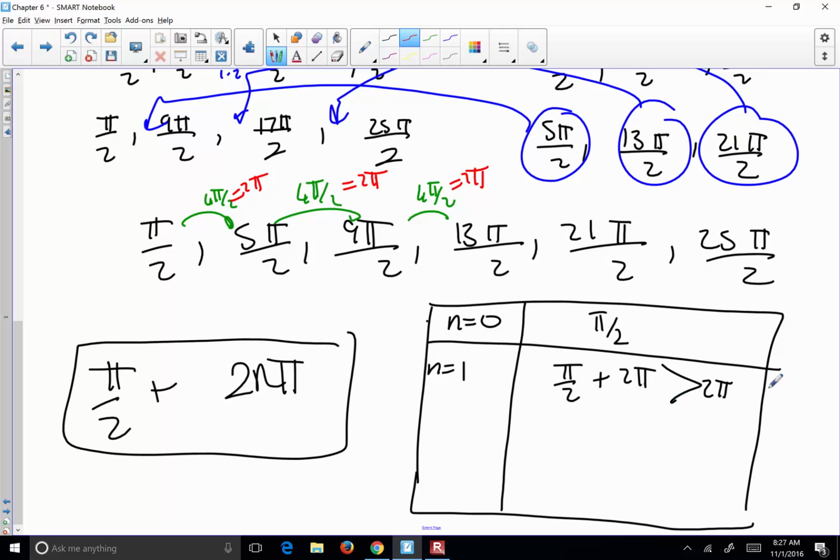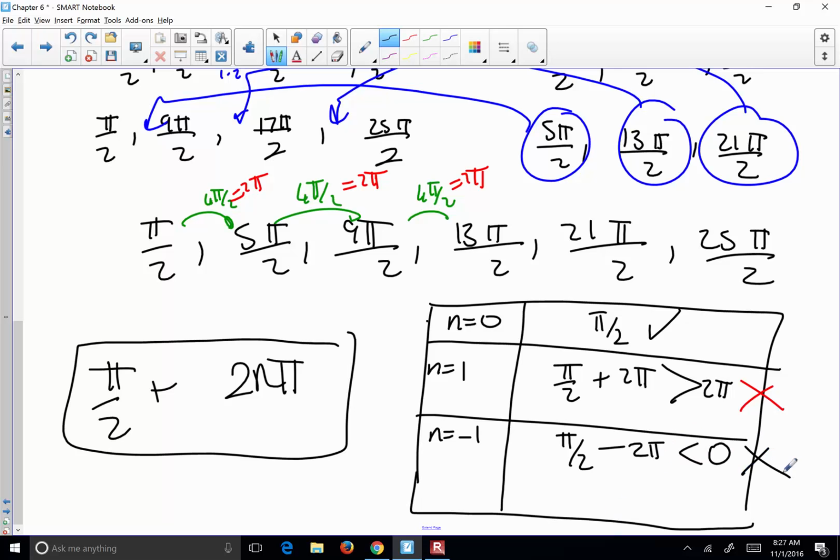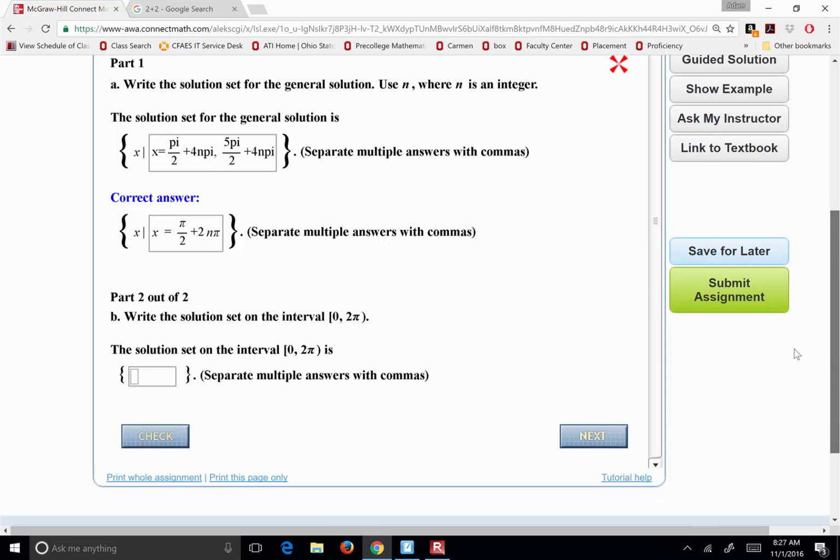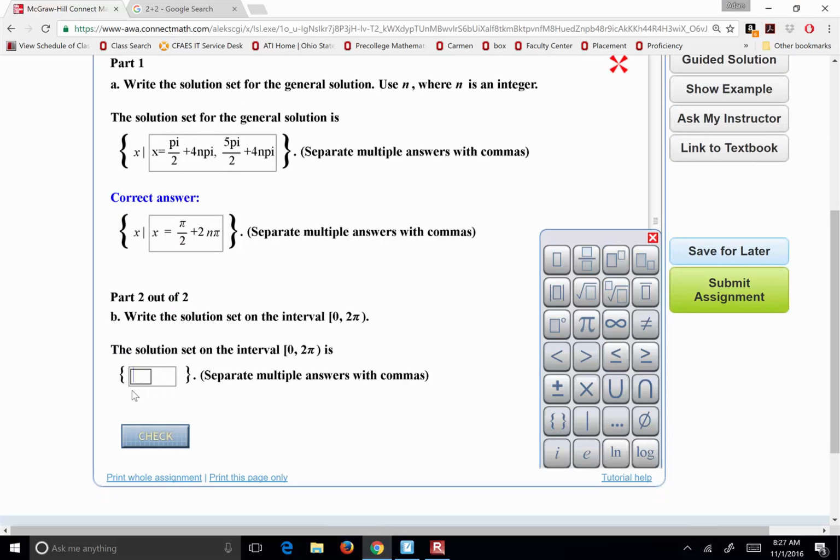This is false. So I have one solution already. Let's try the negative value. When I enter negative 1, it's pi over 2 minus 2 pi, which is less than 0. This is false as well. We only want 0 to 2 pi, right? So there is only one value, which is pi over 2.